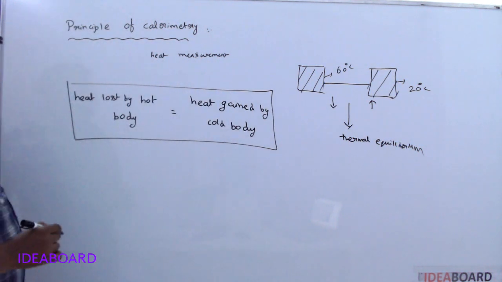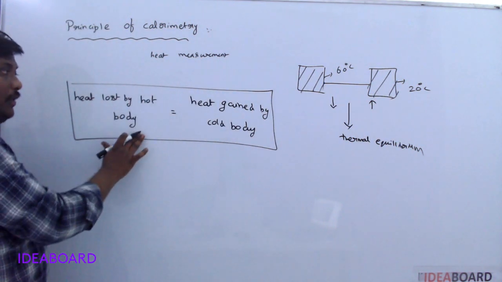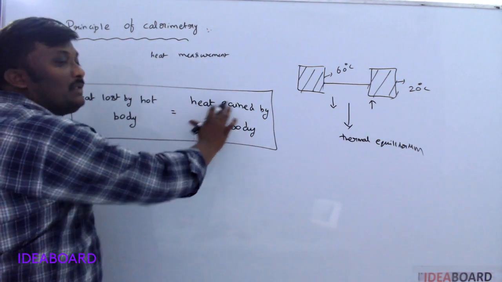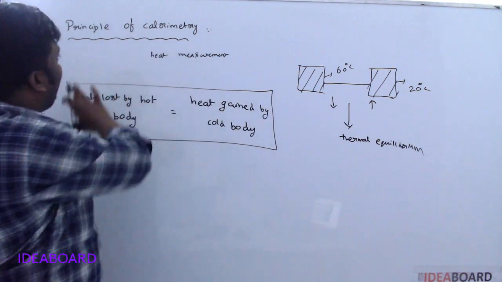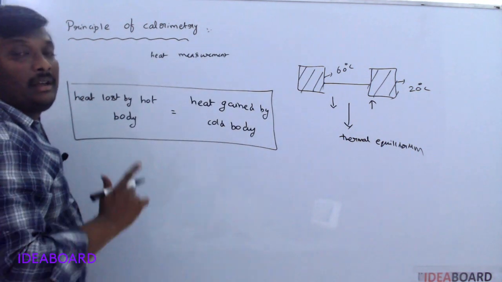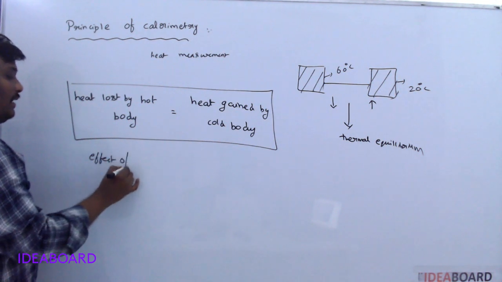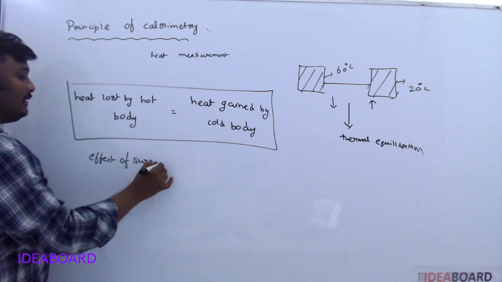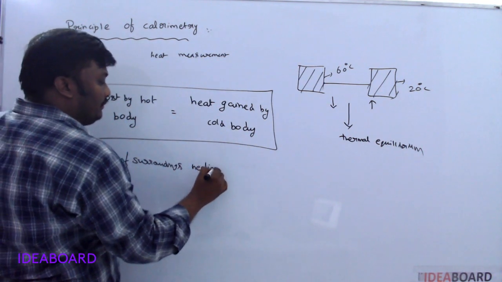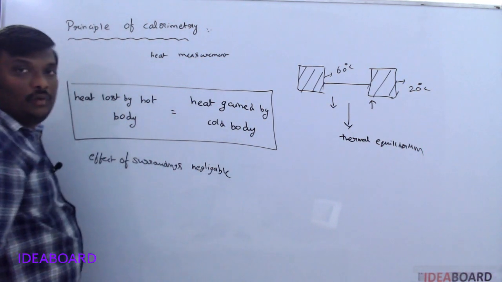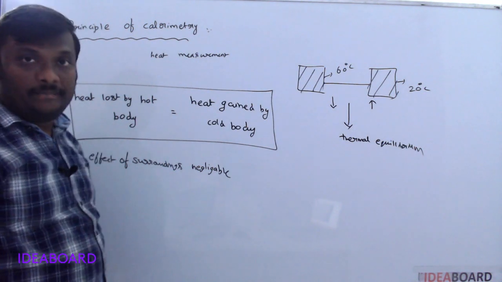So until thermal equilibrium is reached, heat is continuously lost by the hot body and continuously gained by the cold body. In the explanation of calorimetry, keep in mind the effect of surroundings is negligible. Okay, this word is very important in calorimetry.